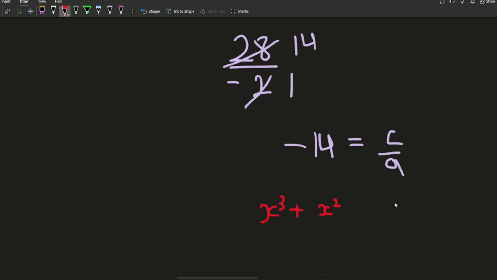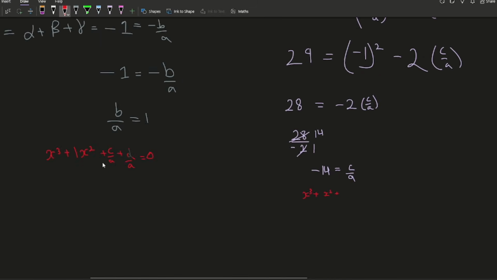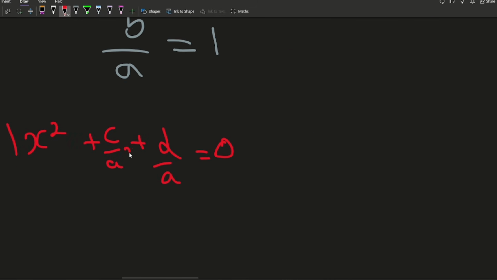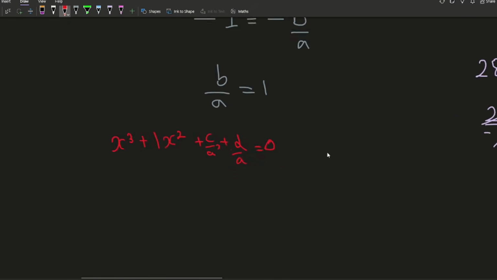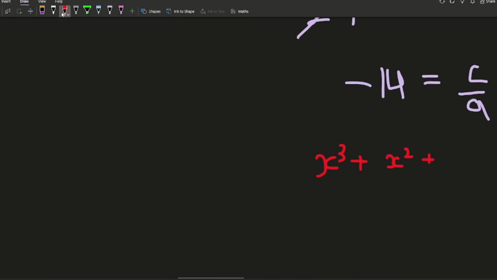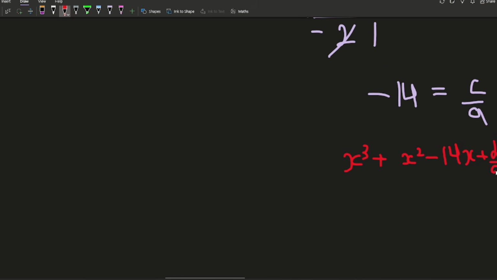I'm just not writing it here because it's 1. And c over a, the coefficient of x, which is -14, so -14x plus d over a.